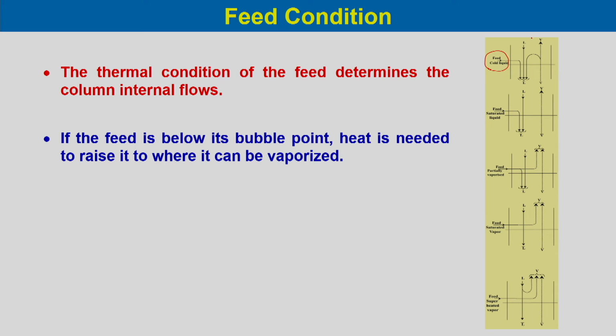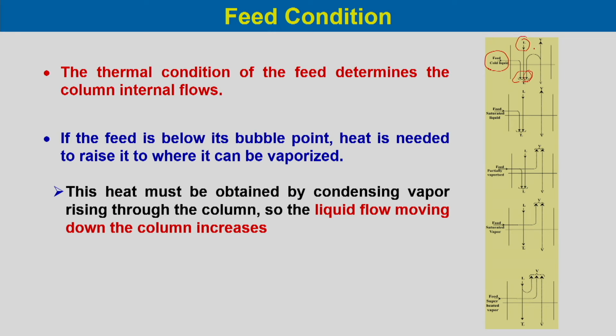There is a liquid flow from the top of the column coming down over here, and since this is a cold feed, some part of the vapor which is going up will condense, along with the reflux liquid coming down to the tray above the feed tray. So, the total column internal liquid flow below the feed tray will increase, and the vapor flow towards the top of the column will decrease, because part of the vapor is condensed to heat the cold feed.